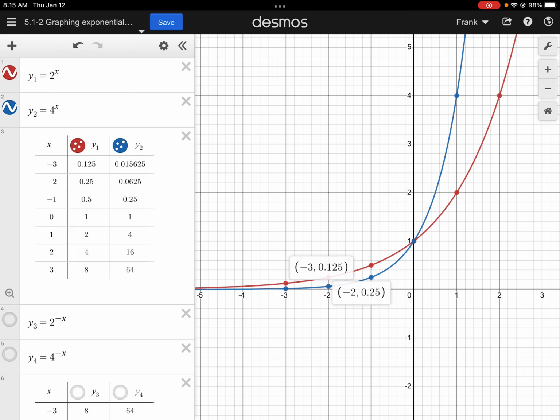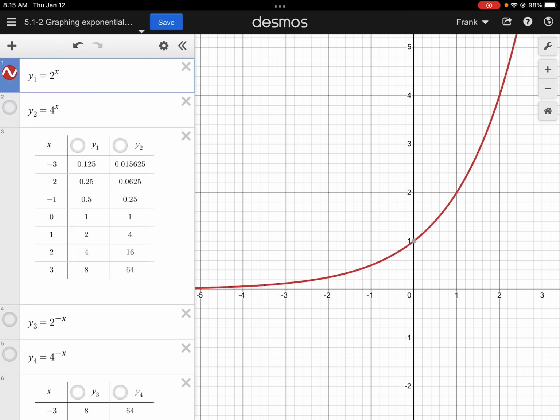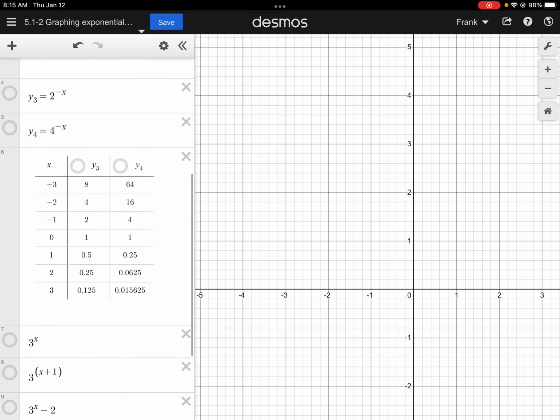Okay, let's shut those off, and let's take a look at the next two. Now our first function is y equals 2 to the power of -x. Again, I plug in my x values, and I have arbitrarily chosen -3 to 3. I like to choose some negative values, 0, and some positive values. And they're nice and small, so they were easy to work with. I plot my points, and I connect them with a smooth line.